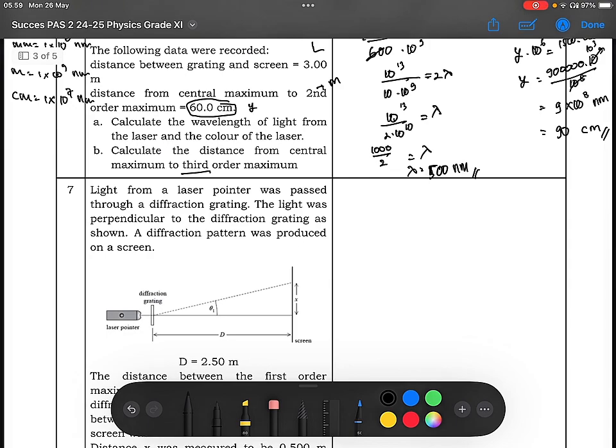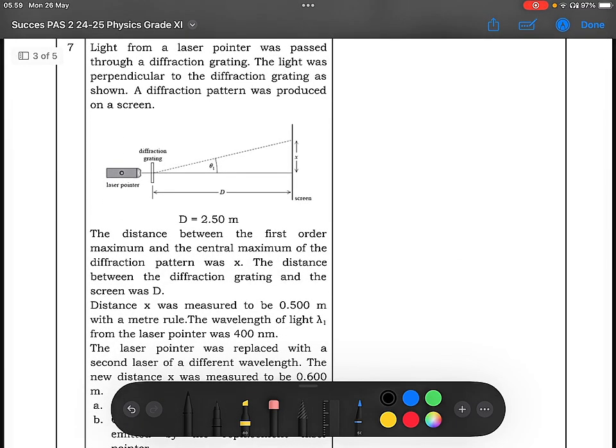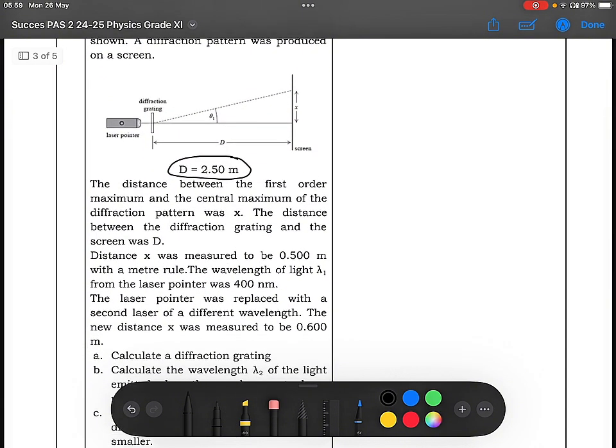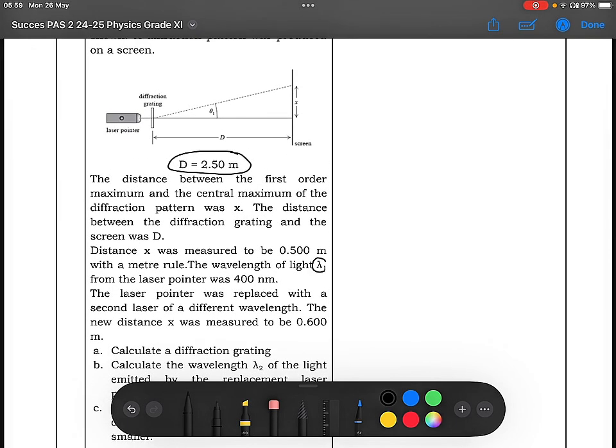Number 7. Light from a laser points towards the diffraction grating, and the light is perpendicular. The distance from the grating to the screen, and the measured Y, and this one is lambda.